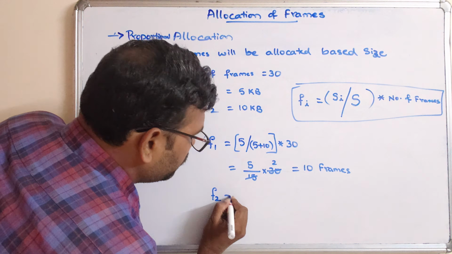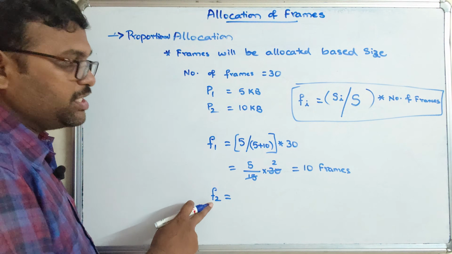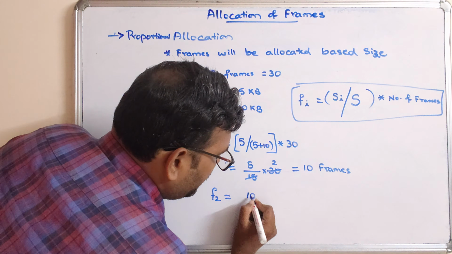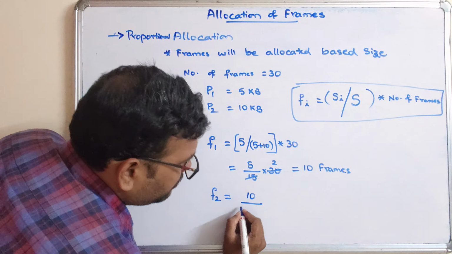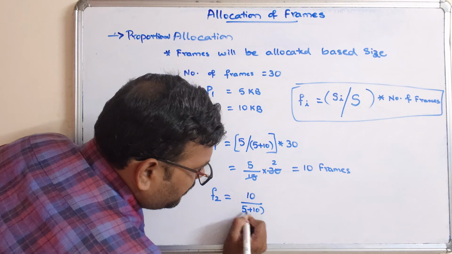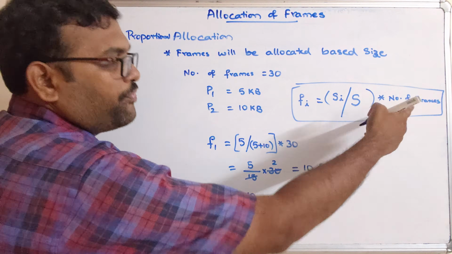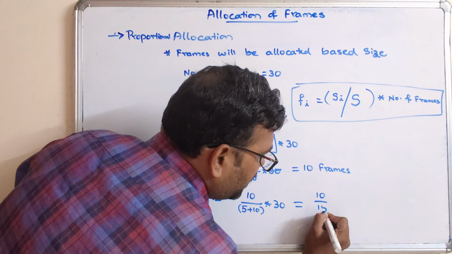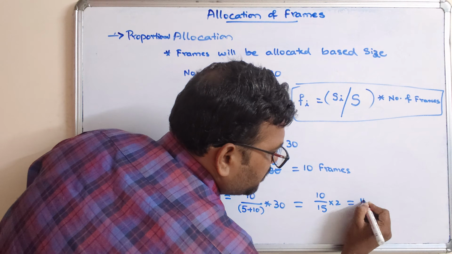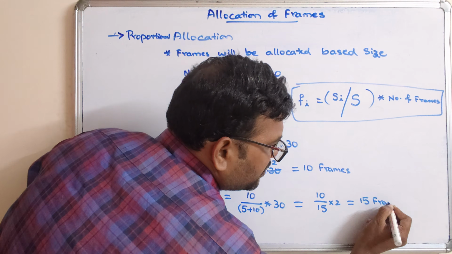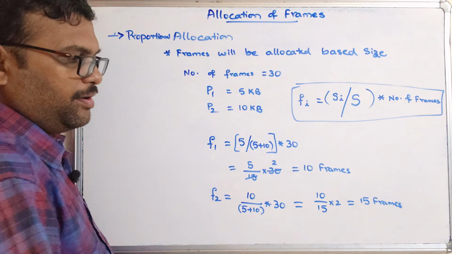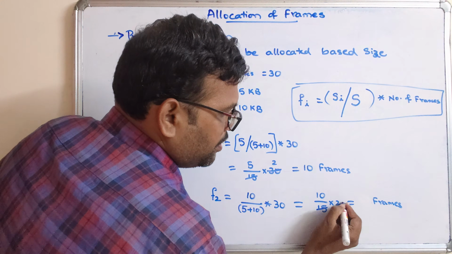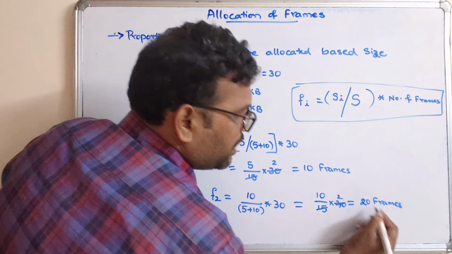Next, similarly F2, that means the number of frames allocated to process P2. This is the size, 10, divided by the sum 5 plus 10, into the number of frames 30. So which is 10 by 15 into 30, which becomes 20 frames.